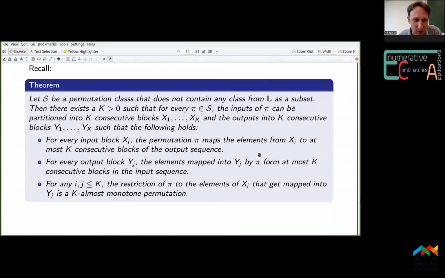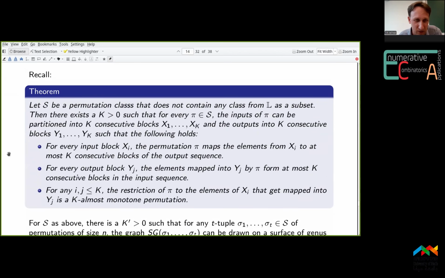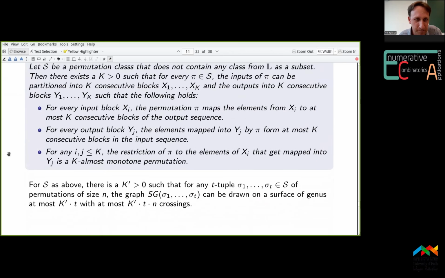So recall again, or don't, this structure theorem that I have shown you before. Now, what do we do with it? The thing is this.